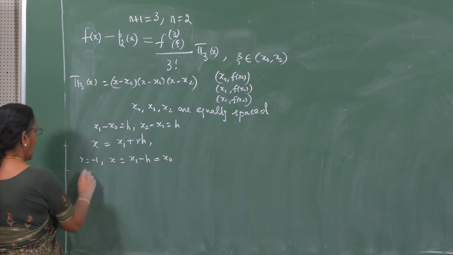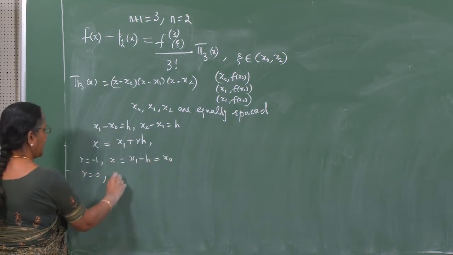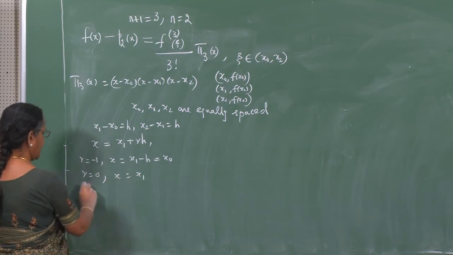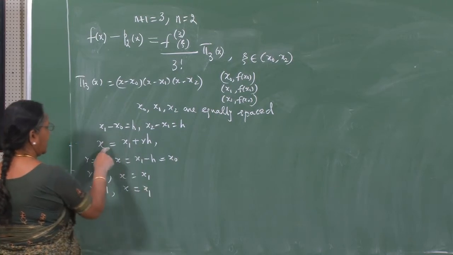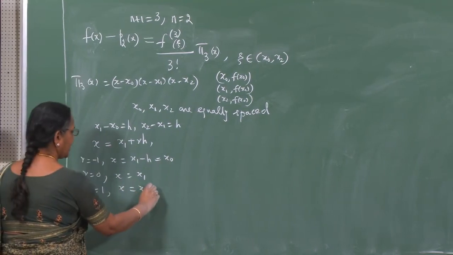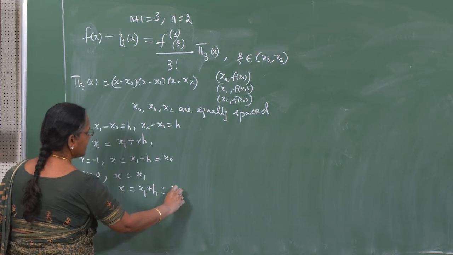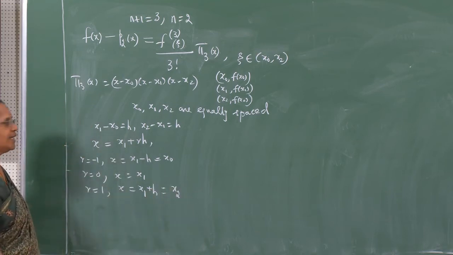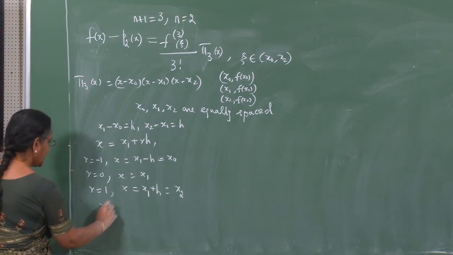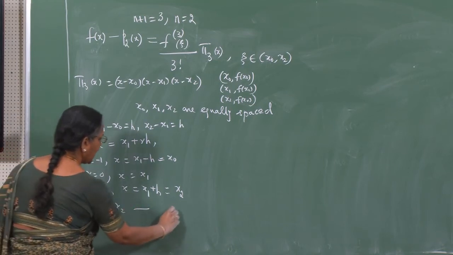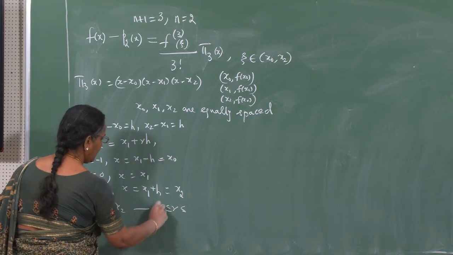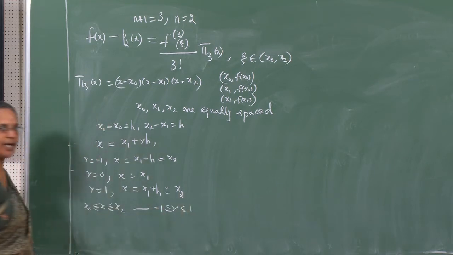Whereas, when r is 0, my x is at x1, and when r is 1, my x is x1 plus h, and that is x2. So, as x runs between x naught and x2, my r runs between minus 1 and plus 1.